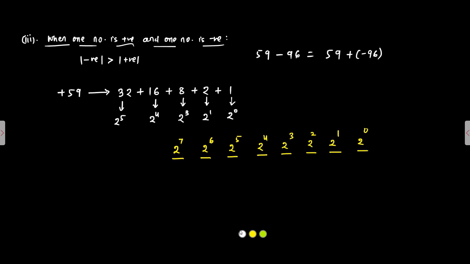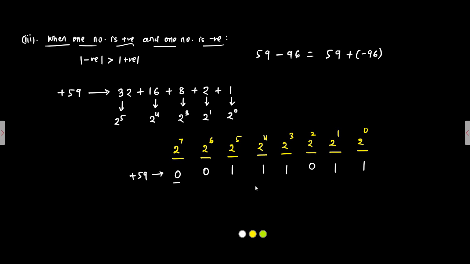Here 2 to the power 5 is 1, 4 is 1, 3 is 1, 2 to the power 1 is 1, 2 to the power 0 is 1, and all the remaining are 0. This is plus 59. As you see, the sign bit is 0, so it is a positive number.